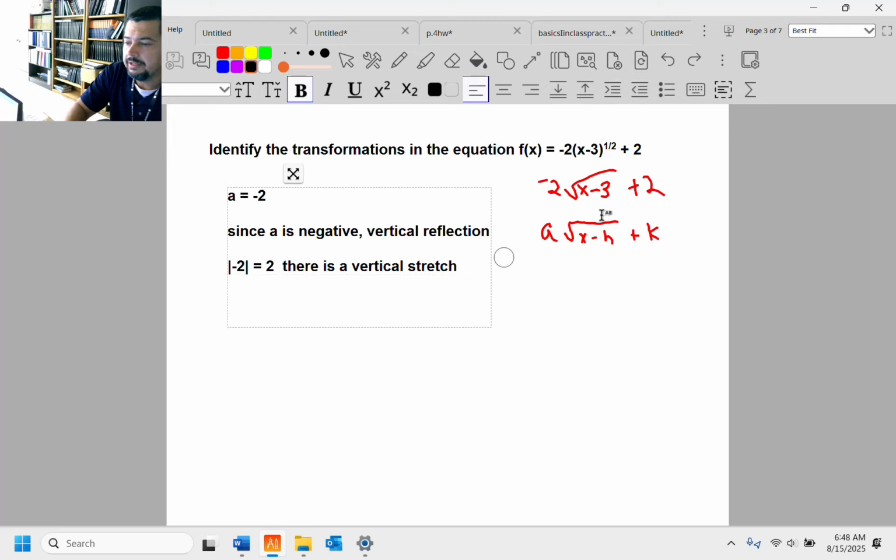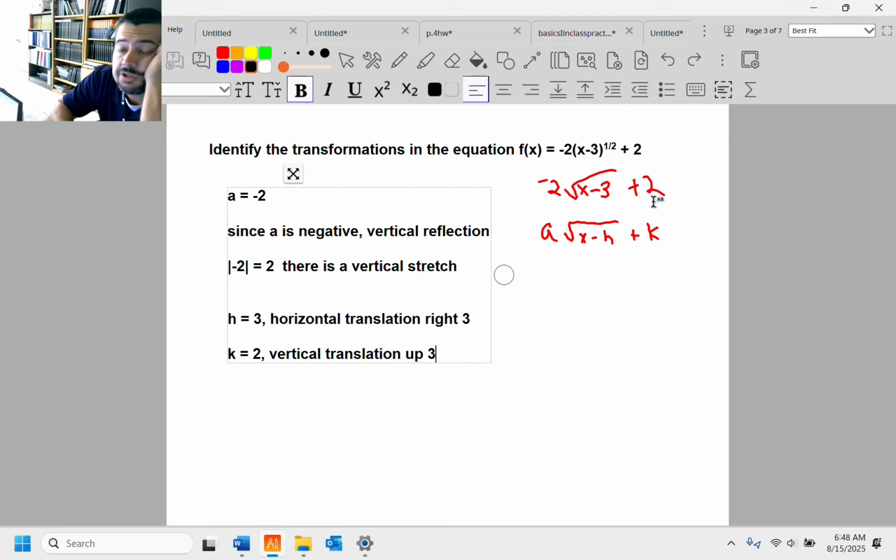If I do my lineup process here with h, I see that h is 3, and h literally stands for horizontal. There's a horizontal, let's use a big word, translation, right 3. I see k, if I do a lineup process here, is 2, which means there is a vertical translation up 2. There's your transformations. Like, that's how hard transformations are to pick out.